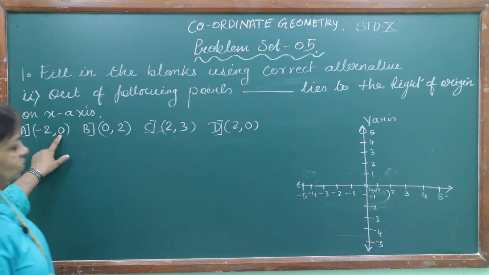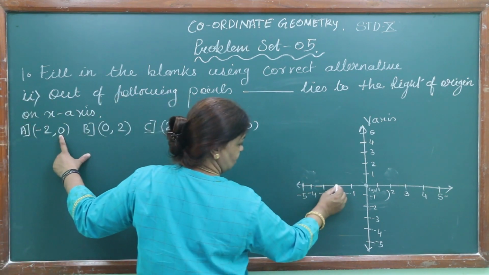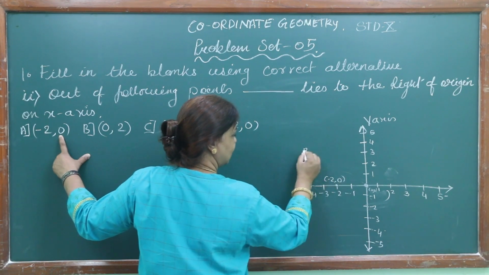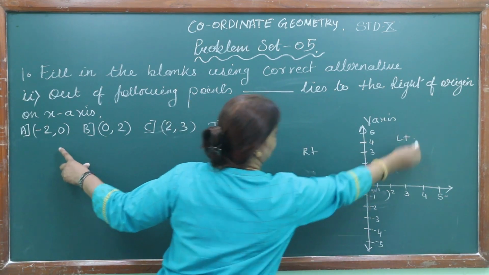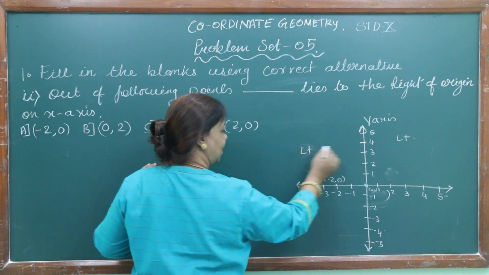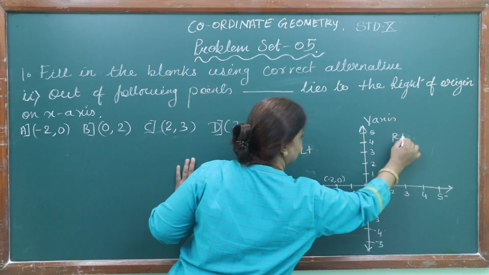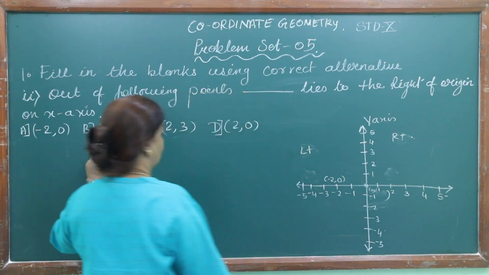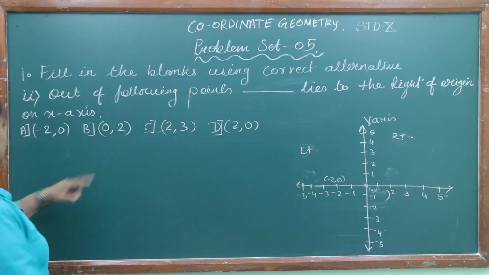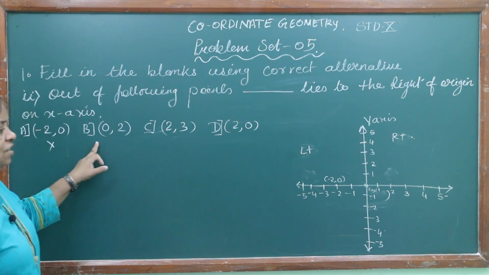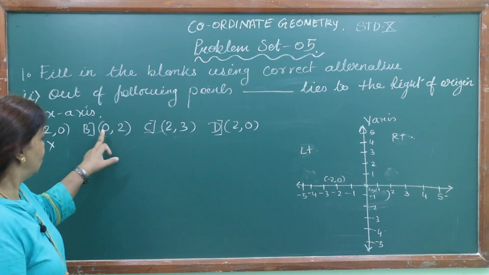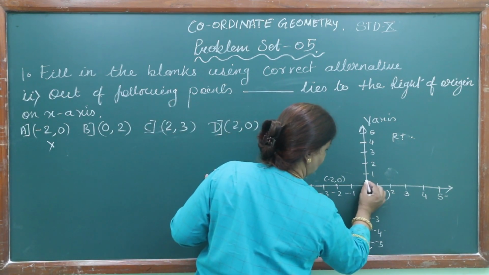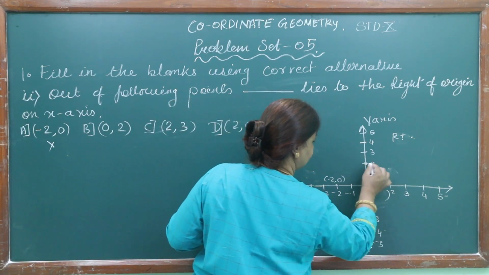(-2, 0) is here. This is the right side and this is the left side. Sorry, this is the left side and this is the right side. Your right is the right and your left is the left. So (-2, 0) does not lie to the right on the x-axis. (0, 2) means somewhere here.